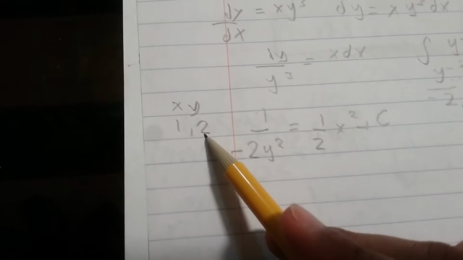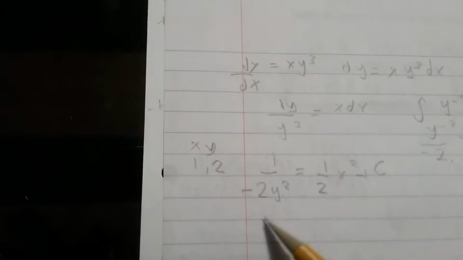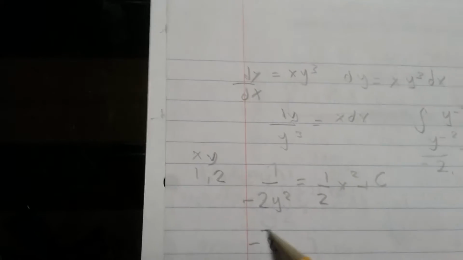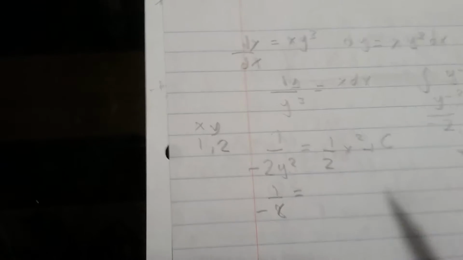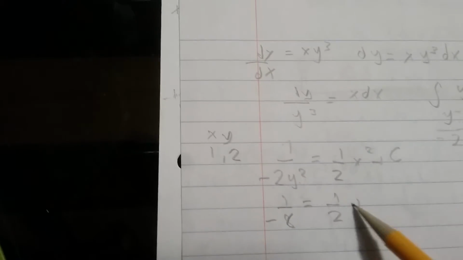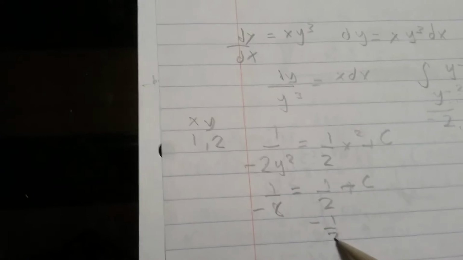Our y is 2, so 2 times 2 is 4. 4 times 2 is a negative 8 over 1 equals 1 times 1 is 1. So we just have 1 over 2 plus c. We want to get our c by itself, so we're just going to subtract the 1/2.